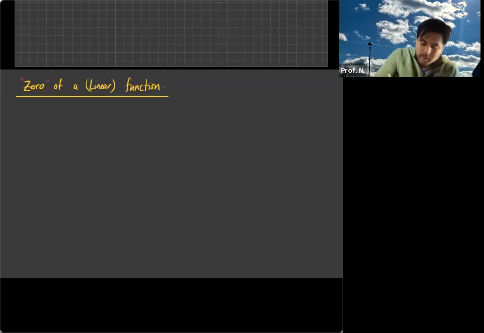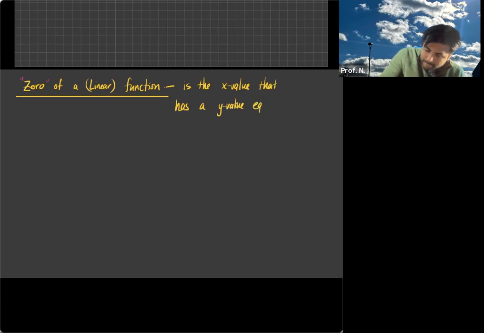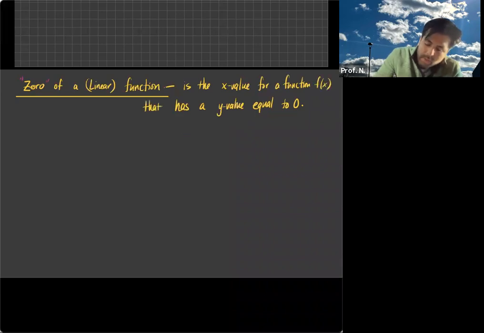The zero of a function is the x value that has a y value equal to 0 in a function. So I should mention that here is the x value for a function f of x that has a y value equal to 0.